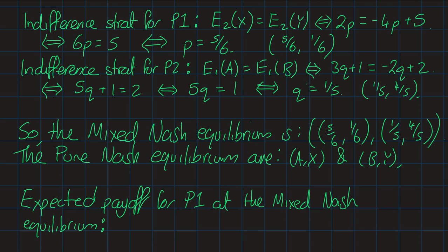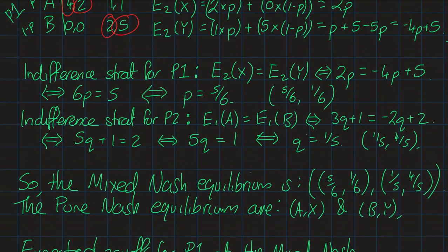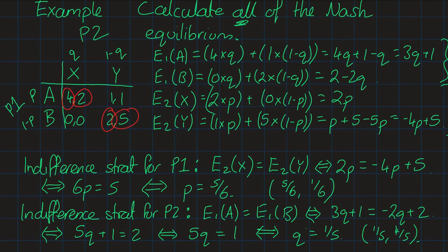Okay, so to work out the expected payoff at the mixed Nash equilibrium, I can use the functions I already calculated. I already calculated these two functions here, right? You might be thinking, well, which one do I use? Do I use E1 of A or E1 of B?